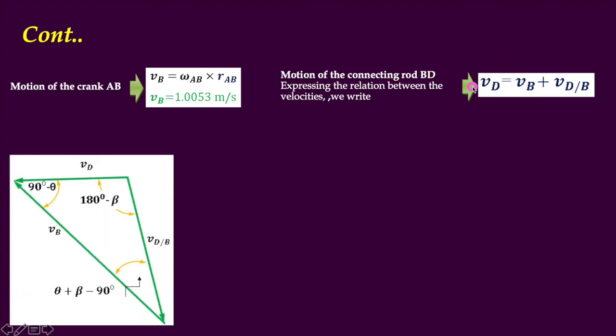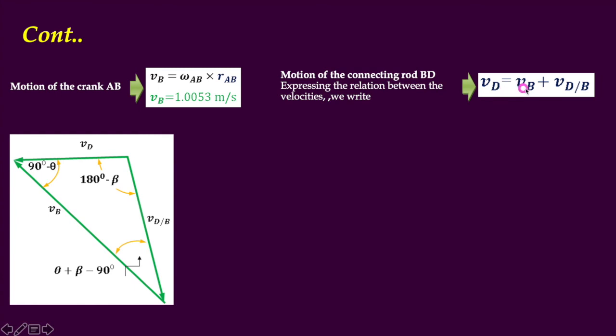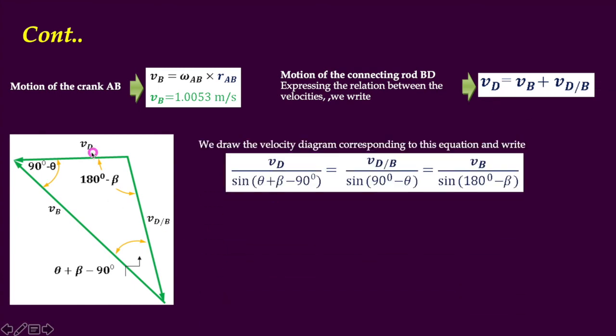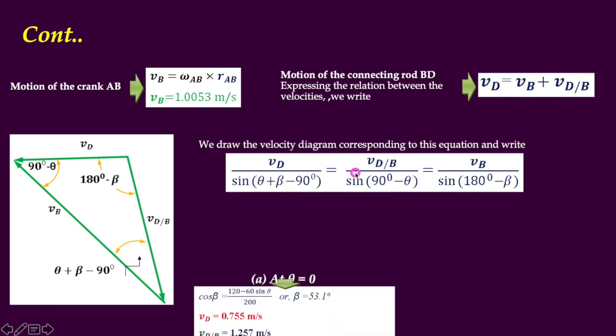Now for the end D, our relation is VD equals VB plus VDB, and from the velocity diagram, using the sine law, we can write down these equations. We already calculated VB, so similarly to problem 1, using this equation we can get the values of VD and VDB.